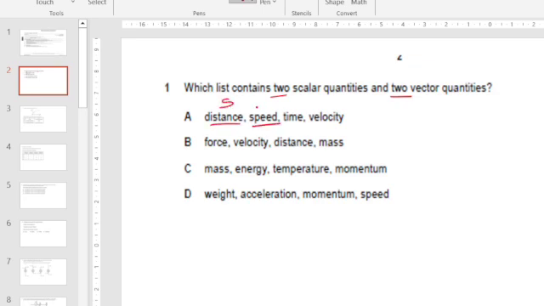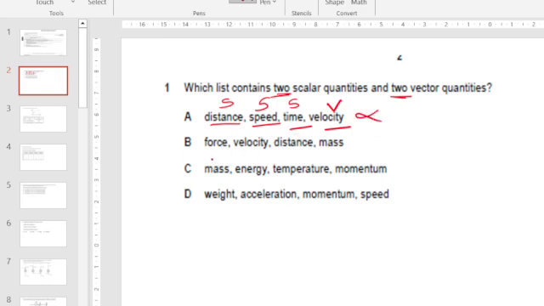Speed, distance by time taken, is also a scalar quantity. Time taken is also a scalar quantity. Yes, velocity is a vector quantity. It has both magnitude and direction. But the given question is asking for two scalar and two vector quantities. Hence, option A is ruled out.